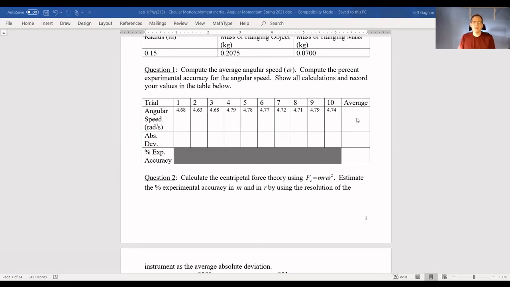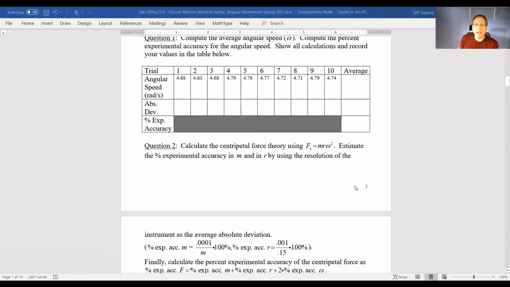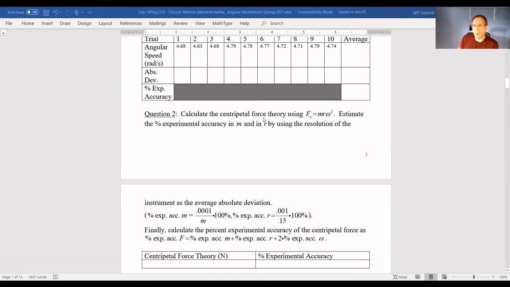Once you have omega here, now you can compute the centripetal force theory. This is our theoretical value of that centripetal force. Remember, it's going to be m times the centripetal acceleration, which we're going to use the one involving omega. So it's m times r times omega squared.